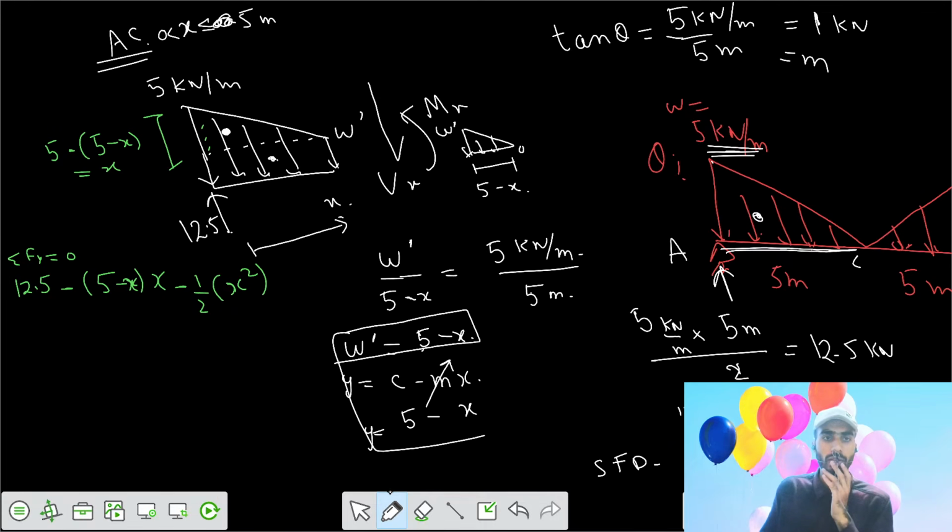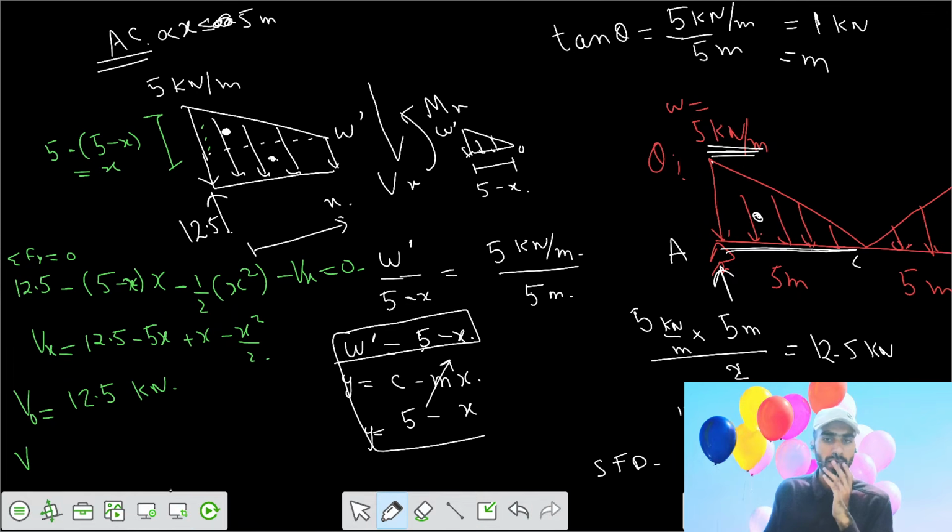Then the shear force downwards, minus Vx equals 0, so your shear force at x becomes 12.5 minus 5x plus x square minus x squared by 2. After substituting x equals 0, we get the shear force equal to 12.5, which we have already plotted here, 12.5 kilonewton.